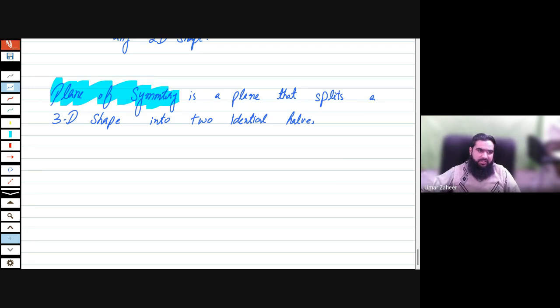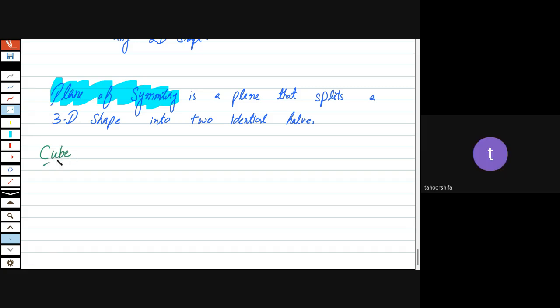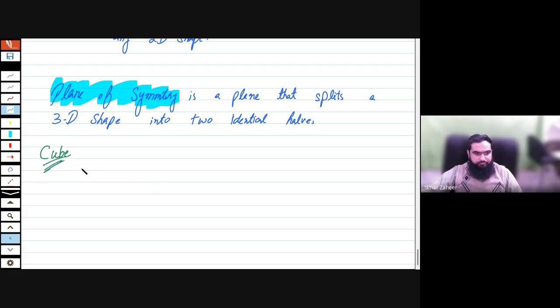For example, if I talk about the different shapes we need to discuss here, the first one is the cube shape.